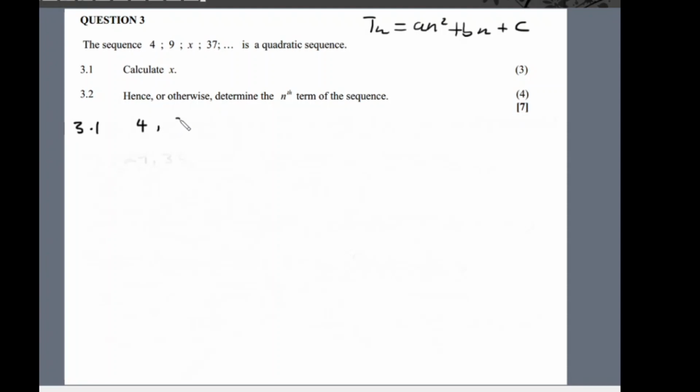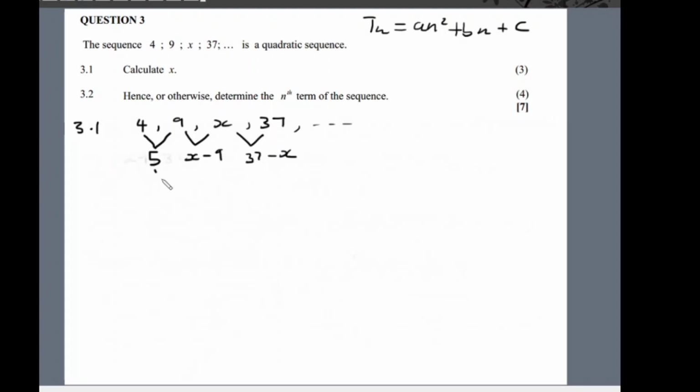We have 4, 9, x, 37, and so on. Calculating the first difference, from 4 to 9 we added 5, and then x minus 9, and then we have 37 minus x as our first difference.